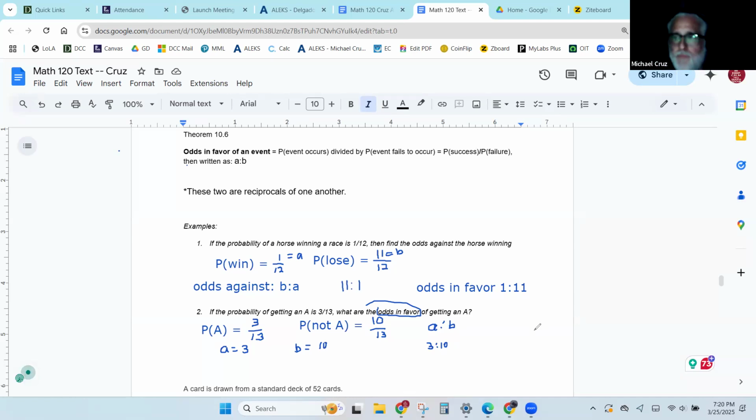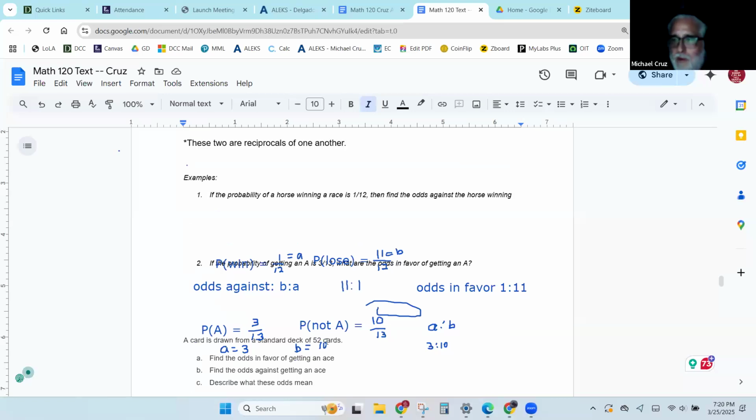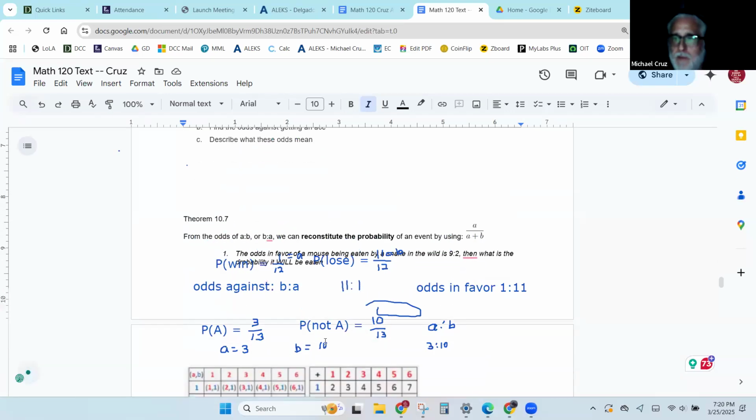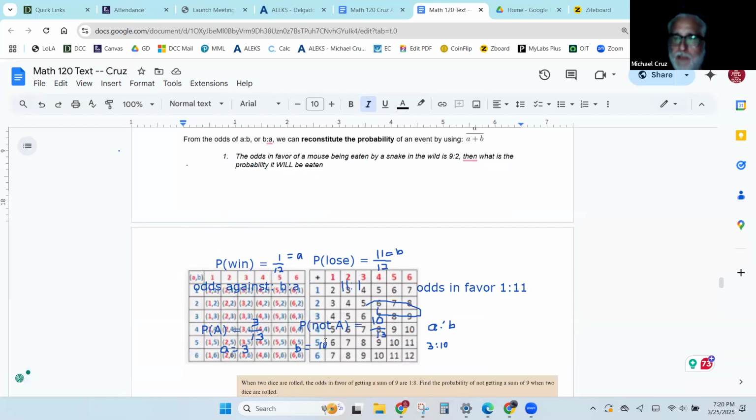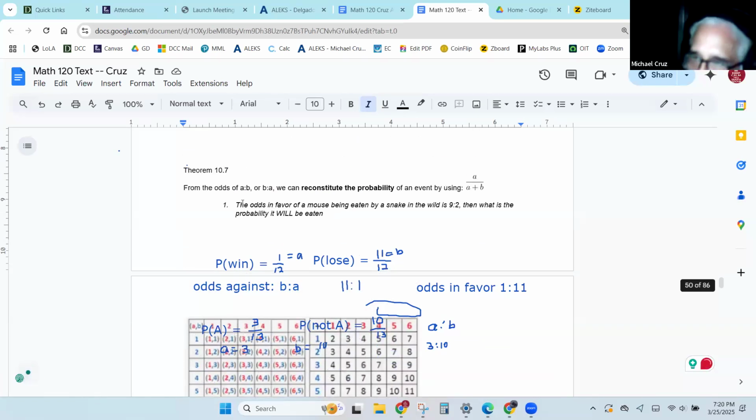All right. Let me show you one more thing, and like I said, we'll hit a couple problems over in Alex. Now, we can reconstitute probability as such. It doesn't matter whether we've got A to B or B to A. If we've got odds in favor or odds against, we've got the two numbers that we need.